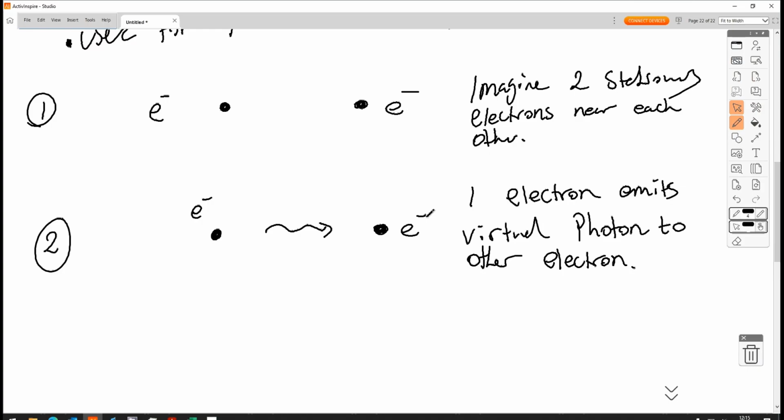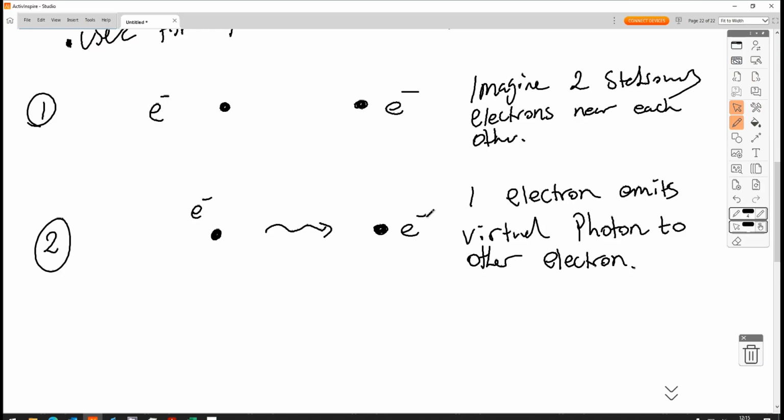Now, I mentioned in one of the lessons that photons are massless, but they carry momentum. So if that electron, which was stationary in the beginning, has now emitted a photon, now there is some momentum, and momentum is always conserved. So that means there must be a backward momentum, a recoil, in that electron to conserve that momentum.